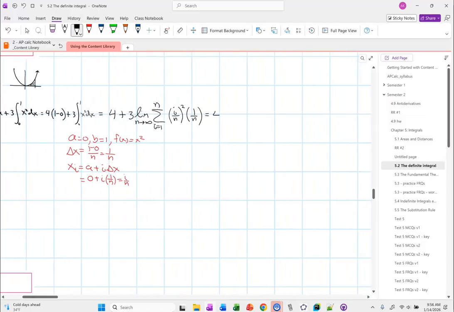So a little bit of cleanup here, but this isn't going to get too bad. I noticed that the only thing that depends on i is the i here, right? So I can take a 1 over n and then a 1 over n squared and pull that in front of the notation so that it's an n cubed.